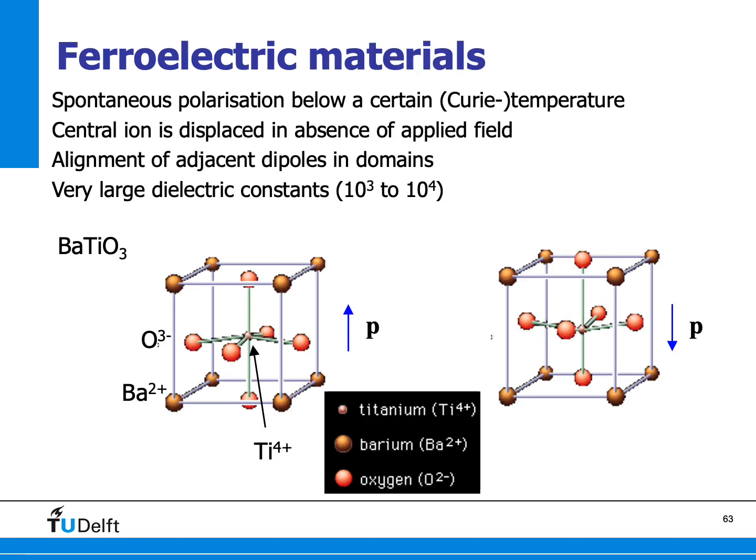So let's have a look at these special barium titanium oxide materials, which have such high dielectric constants. It's a ferroelectric material, and that means that it has a spontaneous polarization below a certain temperature, called the Curie temperature.